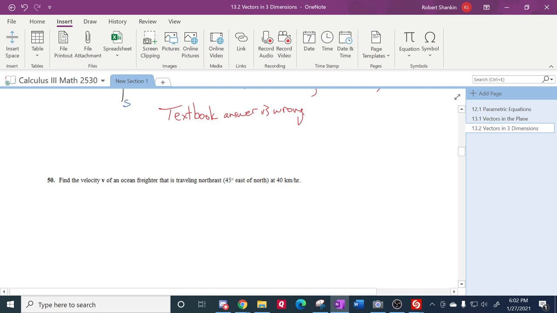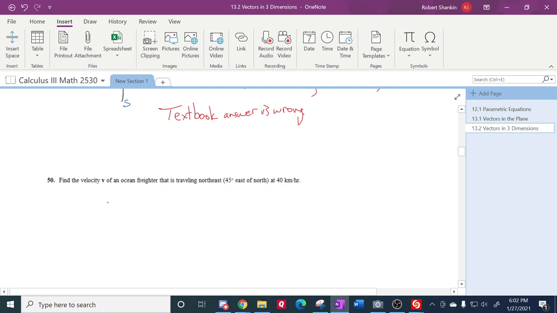Find the velocity v of an ocean freighter that's traveling northeast at 40 kilometers per hour. To the best of my knowledge, velocity is basically a speed and a direction. So they've just given us the speed and a direction.